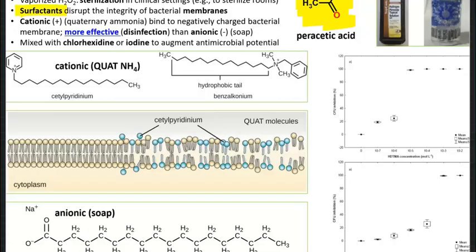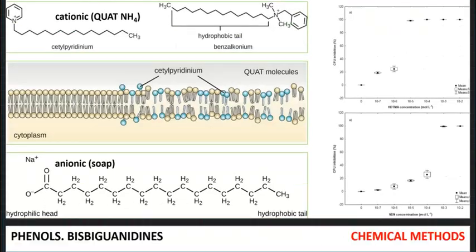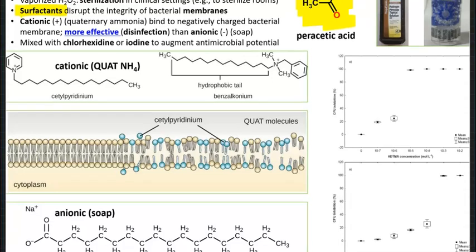Surfactants. So, in your house, the cleaning agents that you use, most of them are quaternary ammonia compounds. Like if you take those Clorox wipes, it's actually not chlorine. Okay?